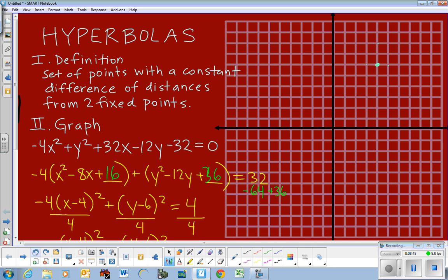But this is a hyperbola, so I want to make a rectangle using those distances. This rectangle goes 1 unit left and right, and it goes 2 units up and down. Now, take the corners of that rectangle and extend, keeping that a straight line.